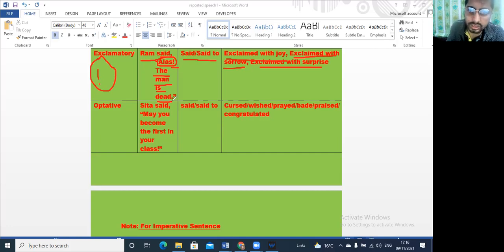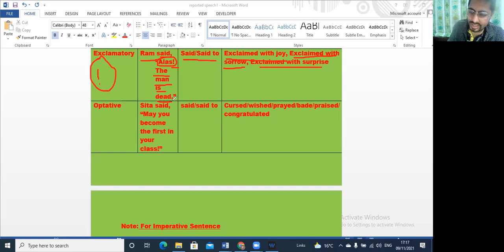So what are the words which represent joy? Hurrah, hooray, wow, wonderful. These are the exclamatory words which represent the meaning of joy.